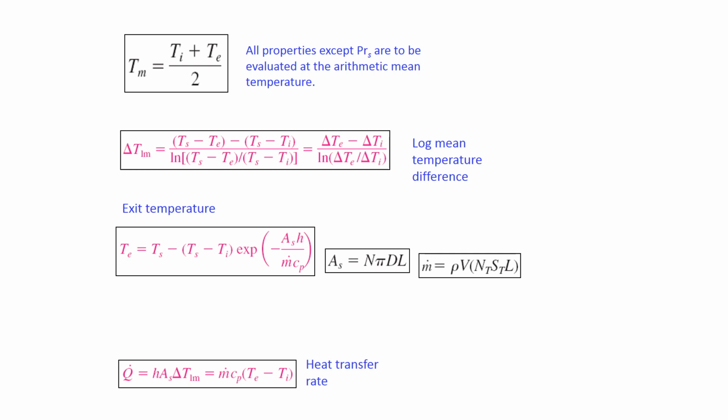And then we can calculate the temperature difference throughout the system from the surface temperature to the surrounding temperature. But in these cases, we will over predict the temperature difference. So we need to use the log mean temperature difference, which is given here. You need to use ln to calculate the temperature difference.